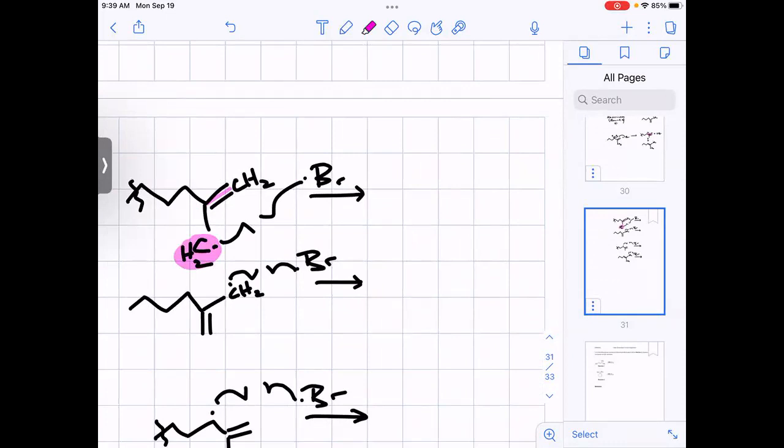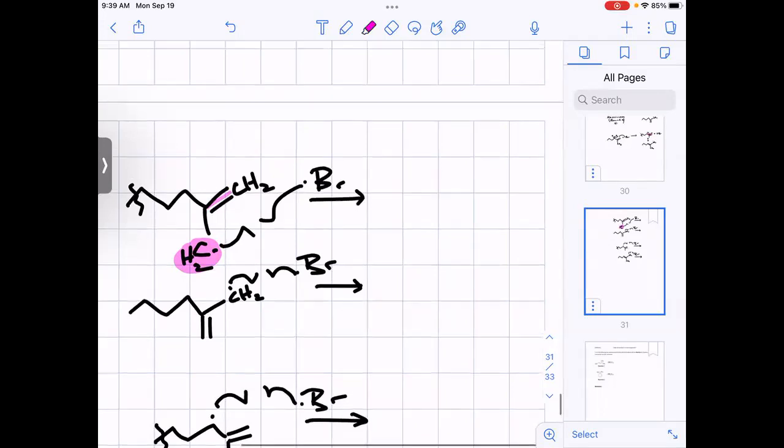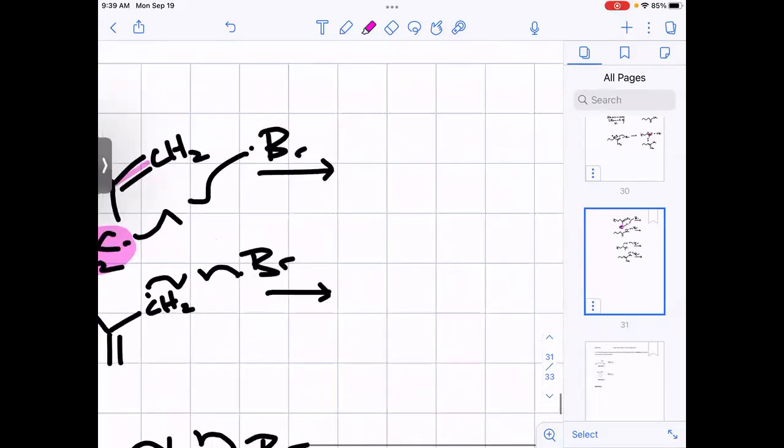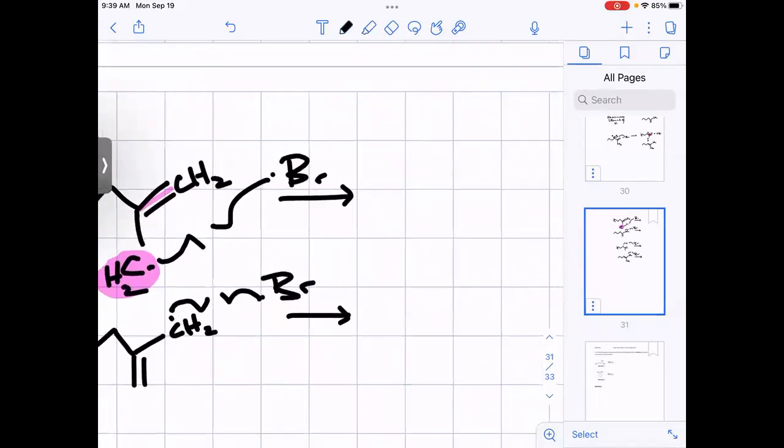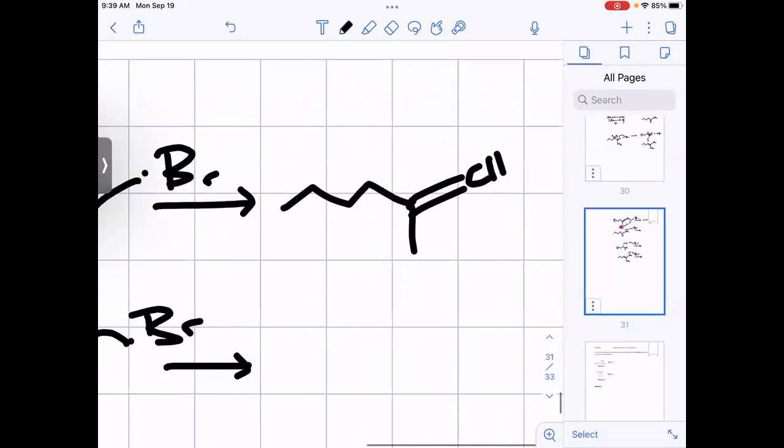The very first thing that we started talking about is how to make alkyl halides, right? We made them from alcohols. Now we're using a different method, which is allylic bromination. And in the product, that's going to look like this. This is going to be CH2Br.